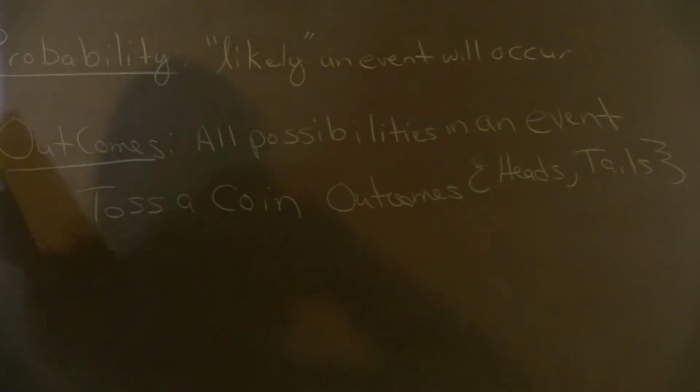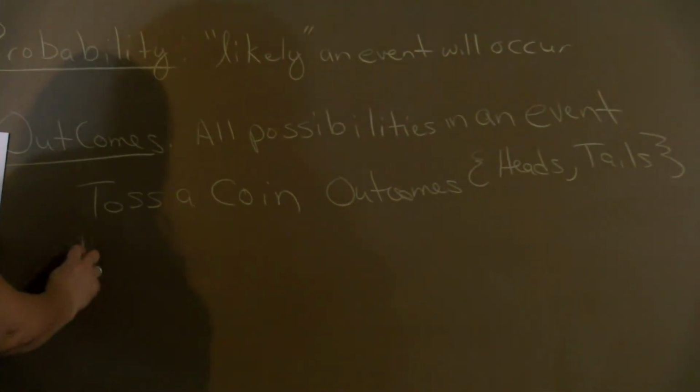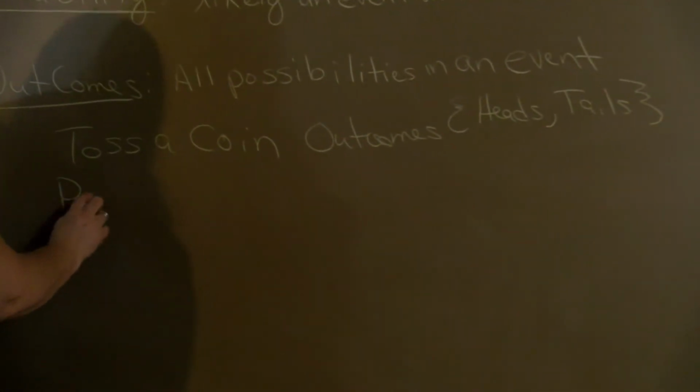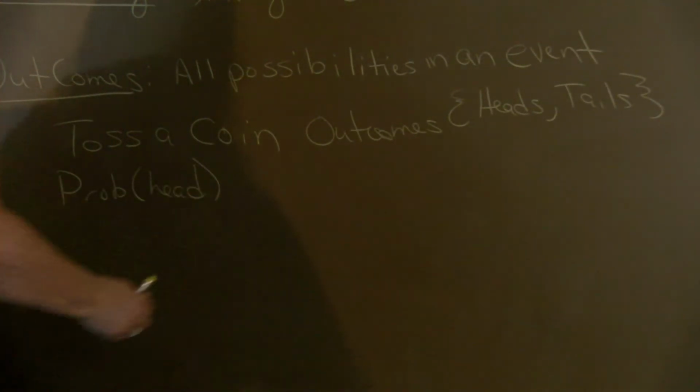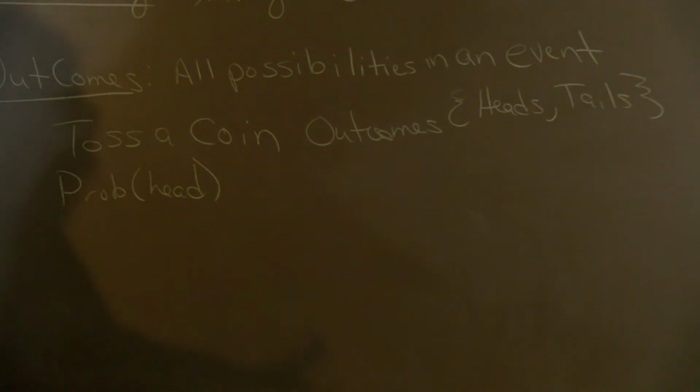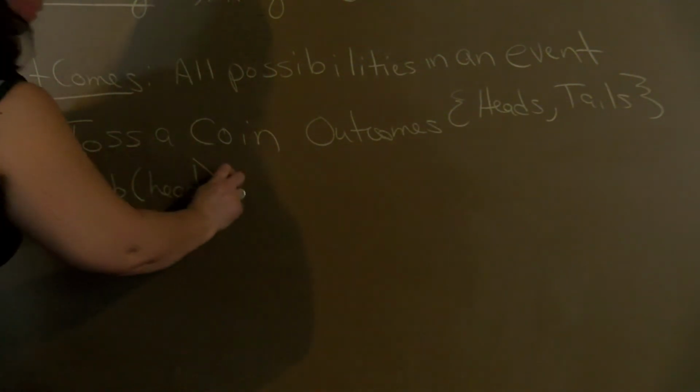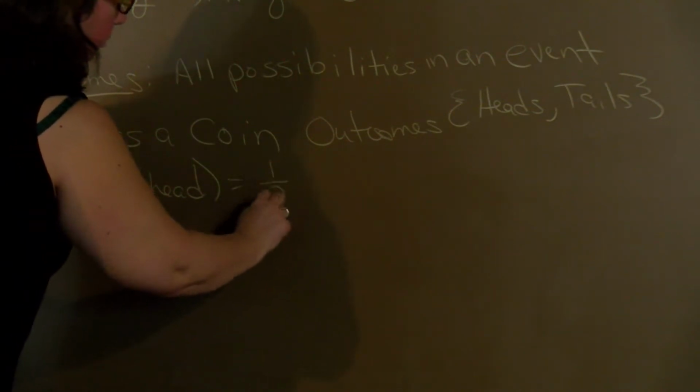When you're talking about probability, the probability if we toss a coin and get a head is 1 out of 2.